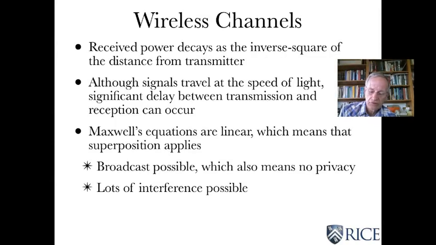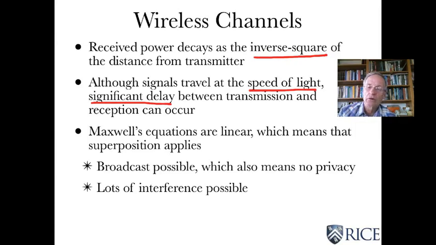There is, just from fundamental physics, the inverse square law, which governs the power that a receiving antenna can get from a transmitter. And the speed of light may be fast, but it's not infinite, and you can get significant delays between transmission and reception.